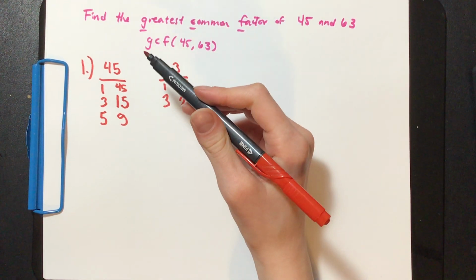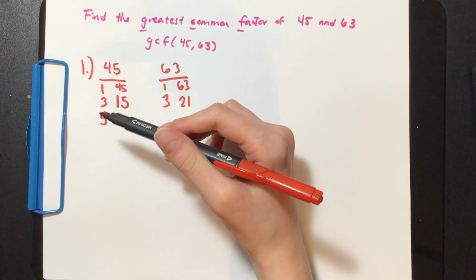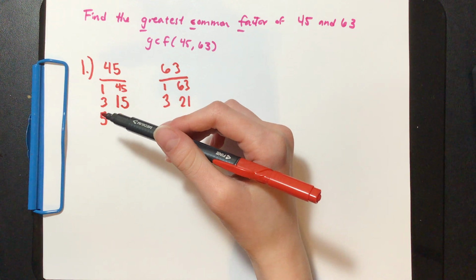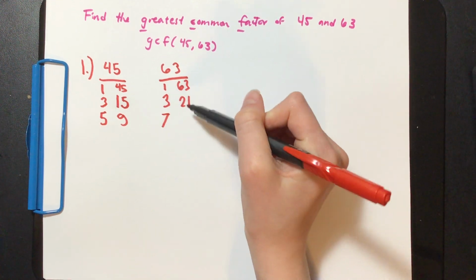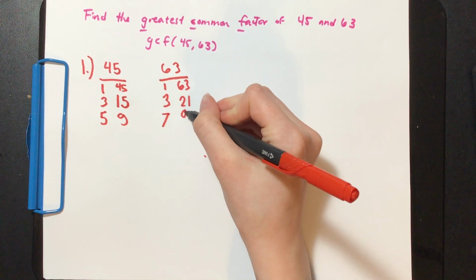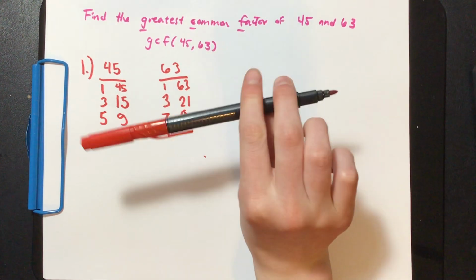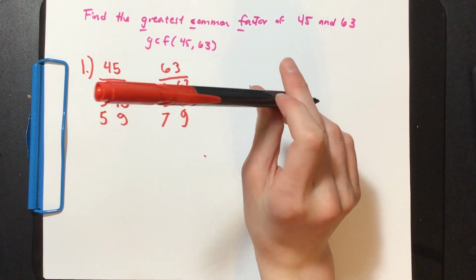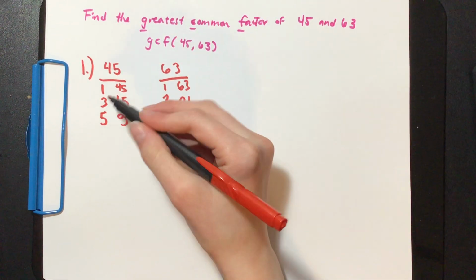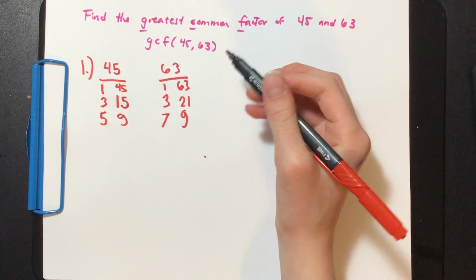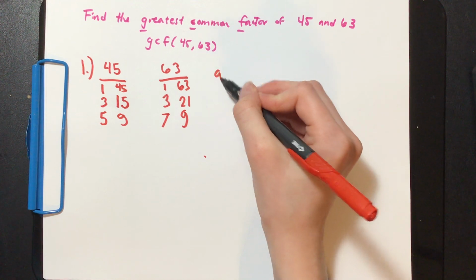Since it wasn't divisible by 2, neither of them are going to be divisible by 6. 7, this one is not divisible by 7, but this one is, for 63, so it's 7 and 9. And we get up to 8, it's not divisible by 8 because it wasn't divisible by 2 or 4, and now we go to 9, and we've already had it. So the greatest common factor of 45 and 63 is 9.